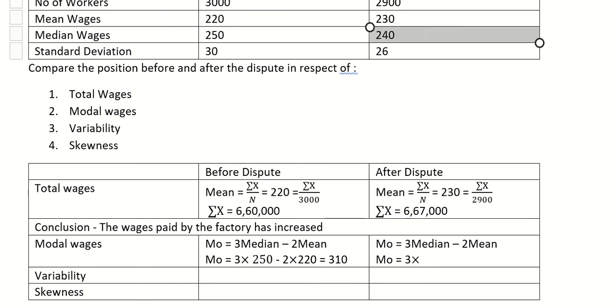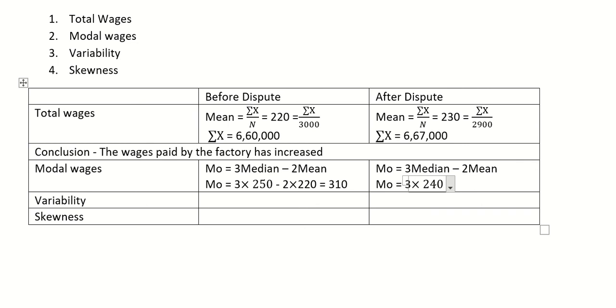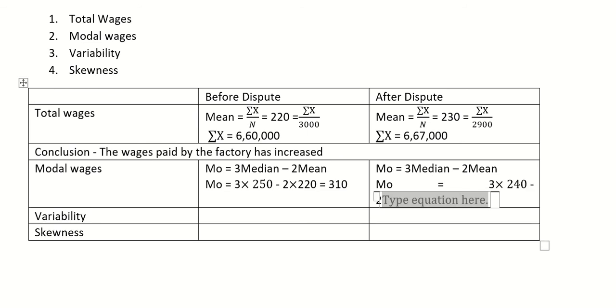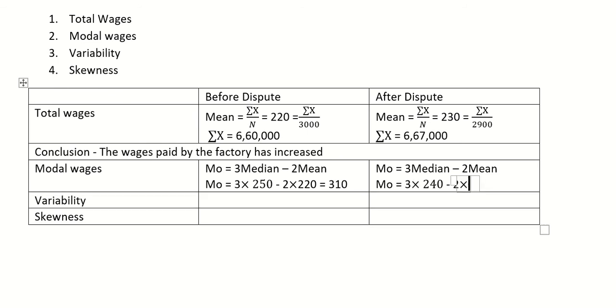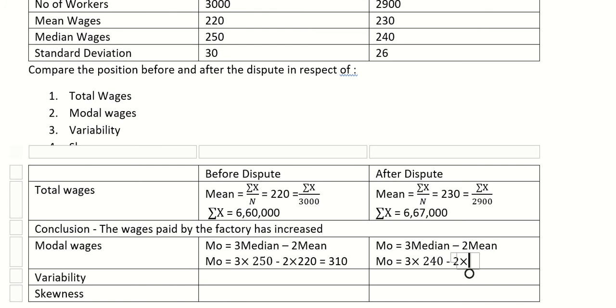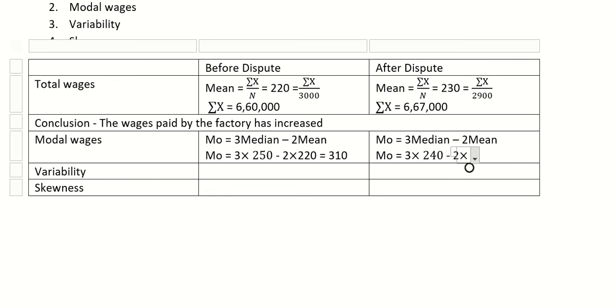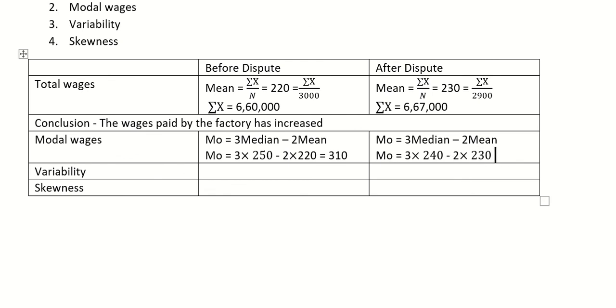Here you can see this is 240, minus 2 into mean. Mean here is 230 after the dispute, so I'll write 230 here. So the final answer is 260.